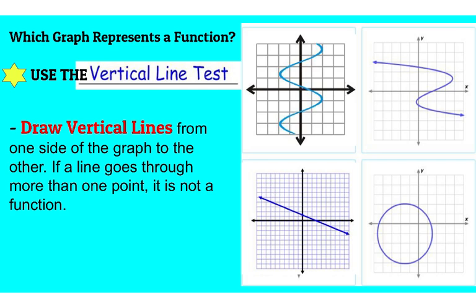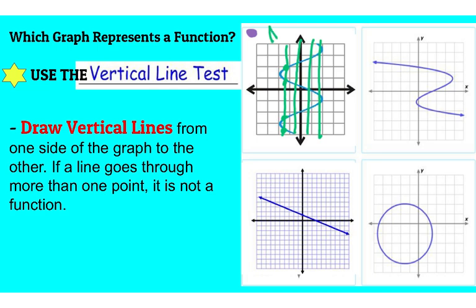For example, if I'm looking at this graph over here in the top left, I'm going to put it through the vertical line test. That's just where I draw straight lines from top to bottom through the graph, and I notice that my vertical line passes through this graph not just once, twice, 3, 4 times.